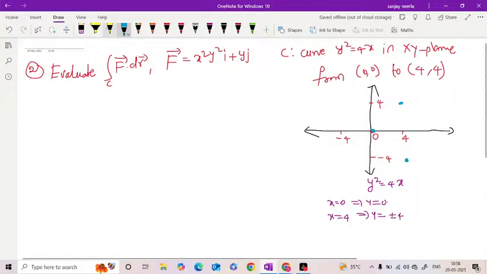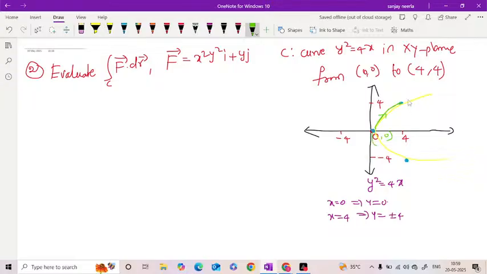So what is our curve? This is our curve. In this curve, they have clearly given the points from 0, 0 to 4, 4. So in this direction, it is 0, 0, and this point is 4, 4.